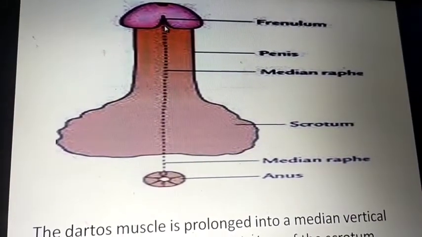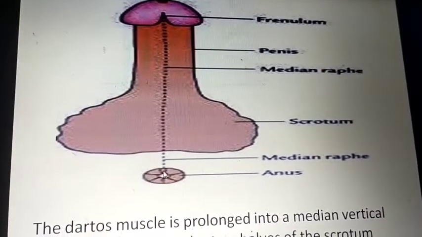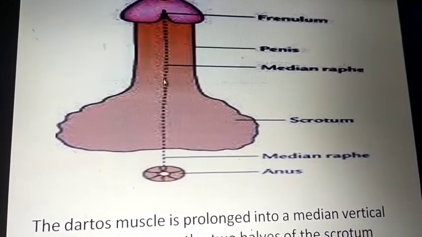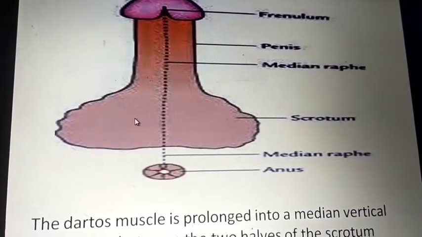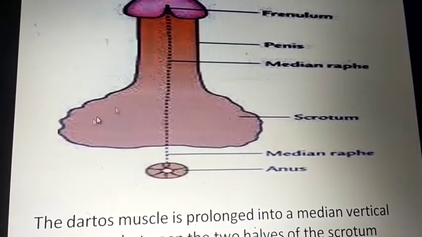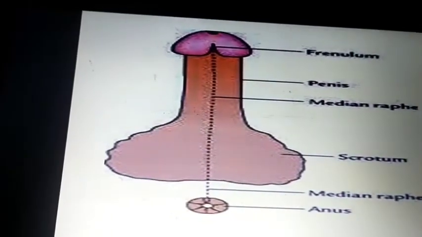It is continuous from the penis up to the anus. This is the median raphe, and it divides the right and left scrotum or testis.